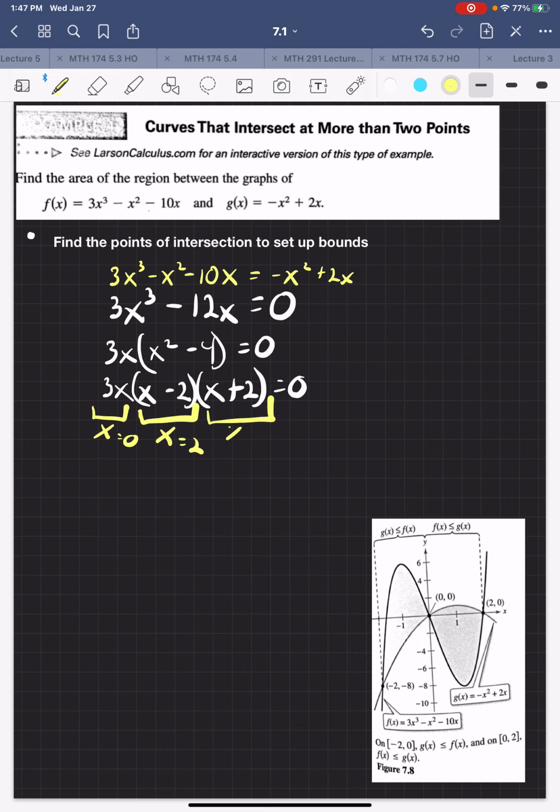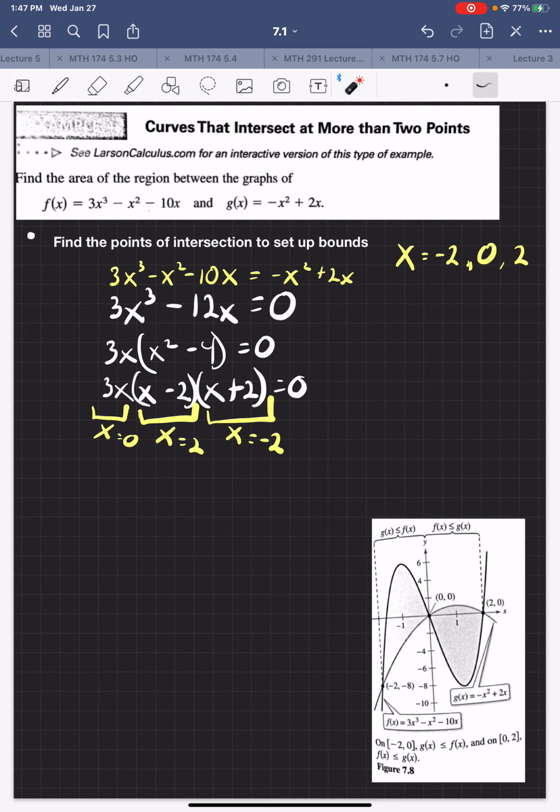And likewise, if x is equal to negative 2. So I have 3 points of intersection. All right, so x is equal to negative 2, 0, 2. I'm just writing them in order from least to greatest here.